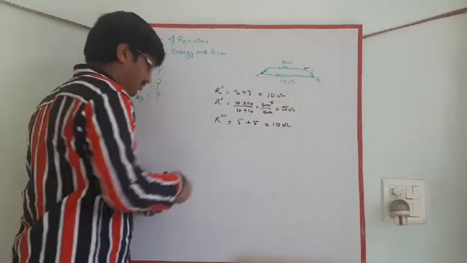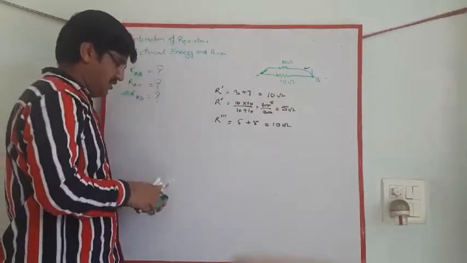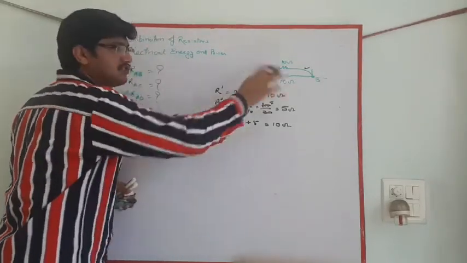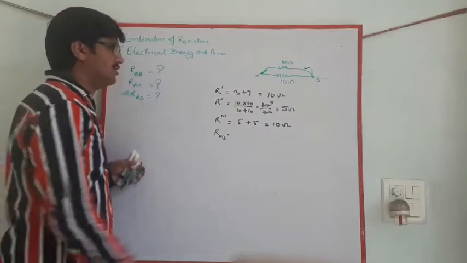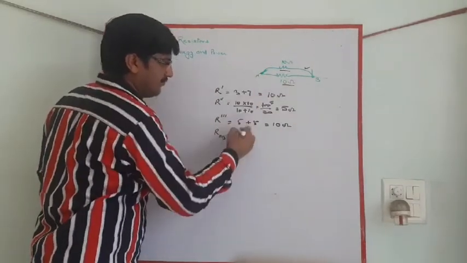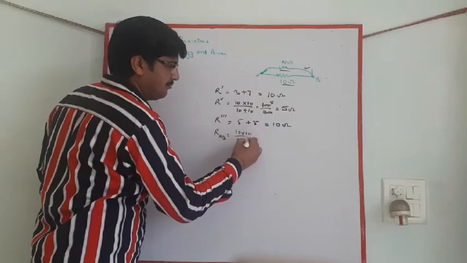So finally we are going to say RAB, the total equivalent resistance between A and B, is equal to this 10 and this 10. Again the same: 10 into 10 upon 10 plus 10.